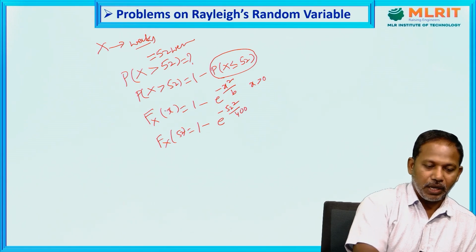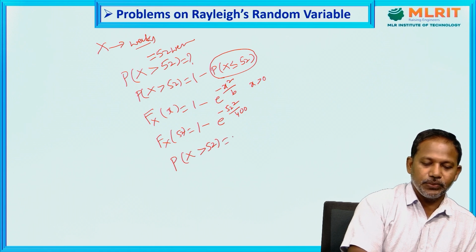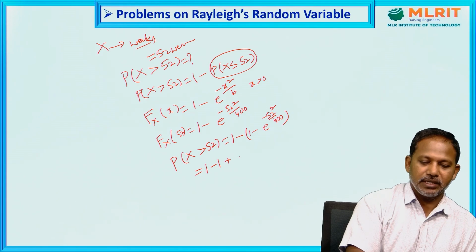Now I need to write P of x greater than 52 is equal to 1 minus of 1 minus e power minus 52 whole square by 400, which is also equal to 1 minus 1 plus e power minus 52 whole square by 400.